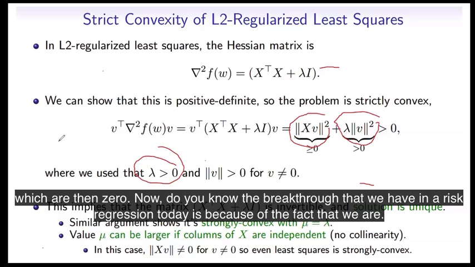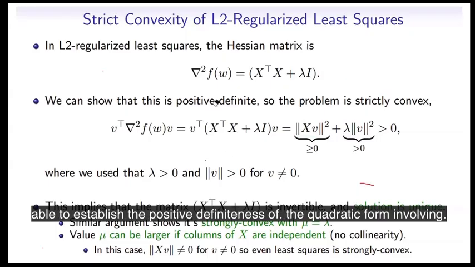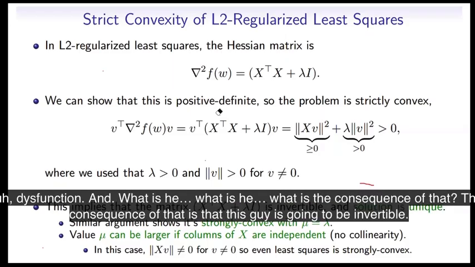Now, do you know the breakthrough that we have in ridge regression today is because we are able to establish the positive definiteness of the quadratic form involving this function. And what is the consequence of that?